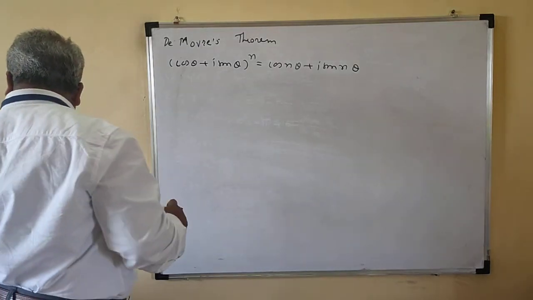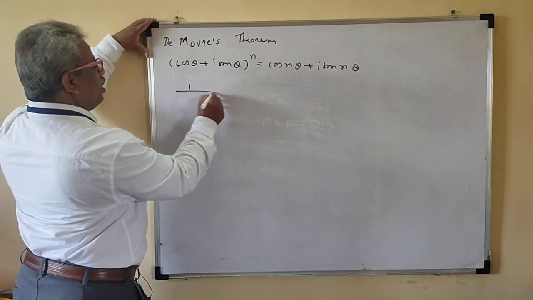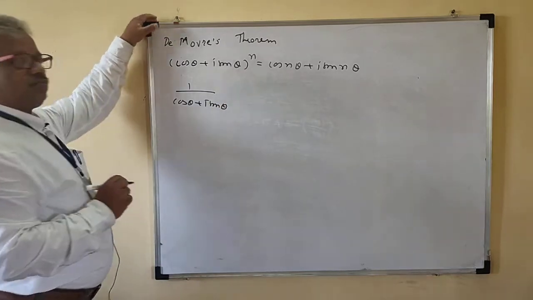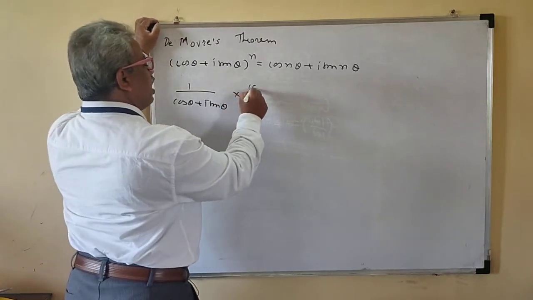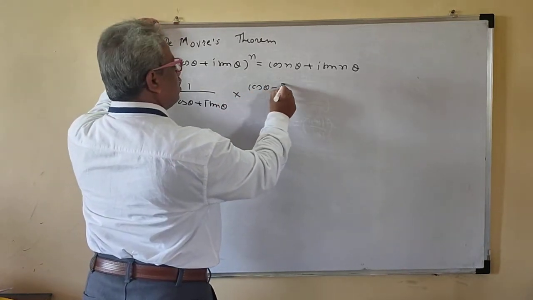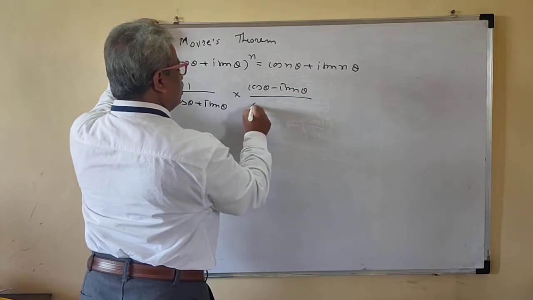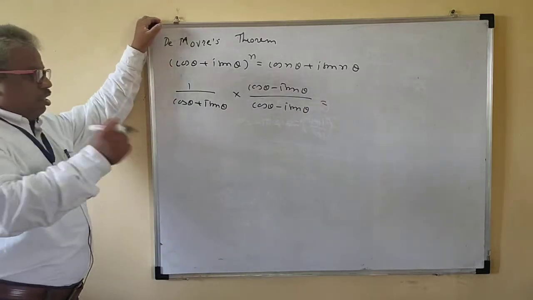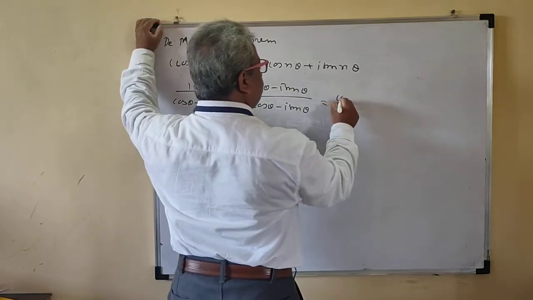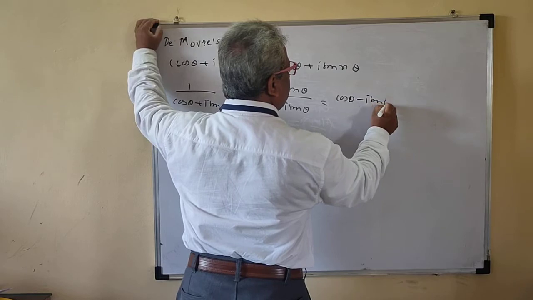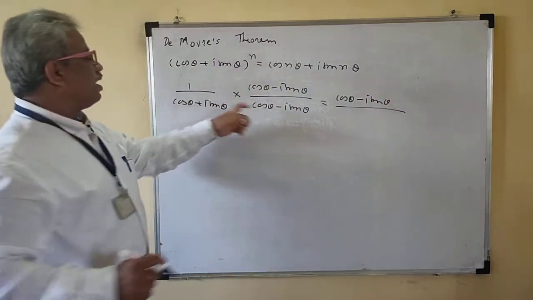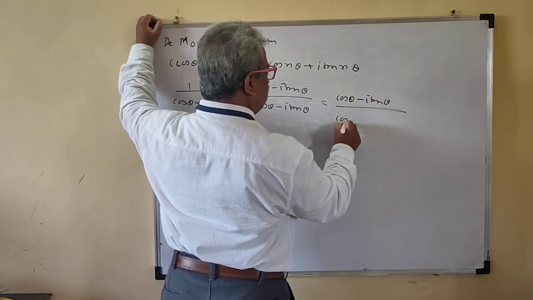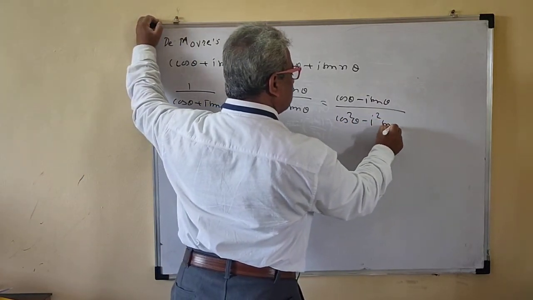One more thing you should remember. What is 1 upon cos theta plus i sin theta? You can multiply and divide by the conjugate of this, cos theta minus i sin theta. The denominator is a plus b times a minus b, so this is cos square theta minus i square sin square theta.